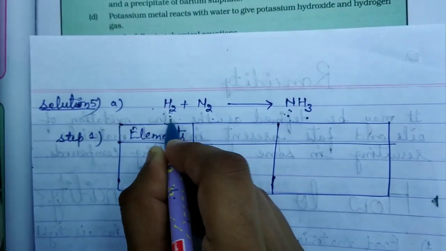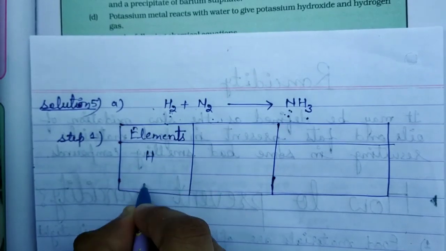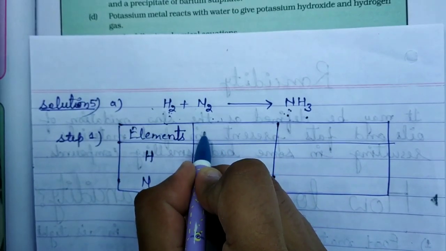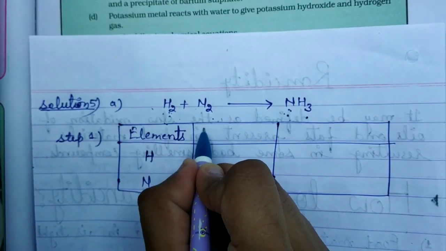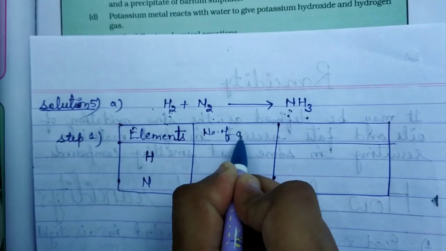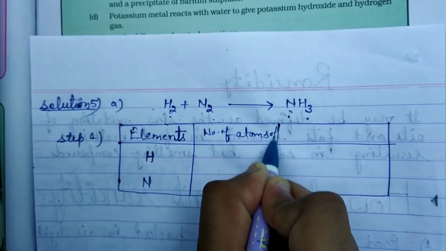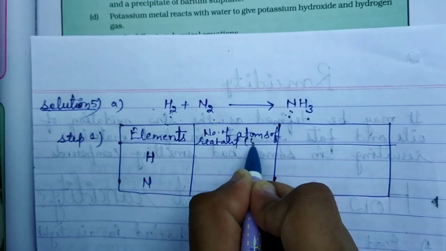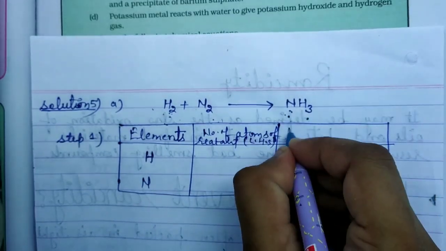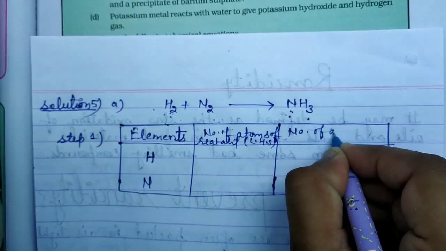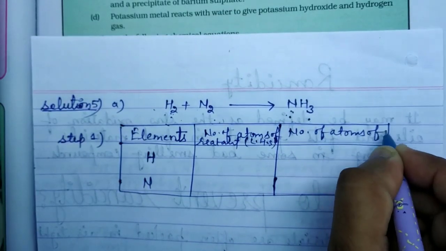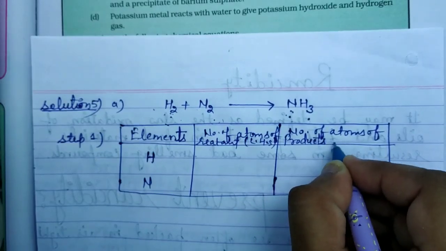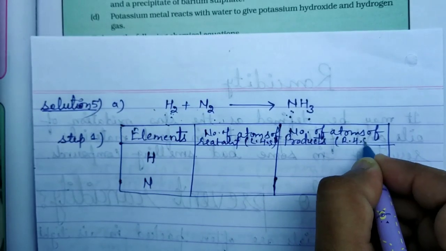Elements here: hydrogen and nitrogen, okay, and in this one we will write the number of atoms of reactant, or LHS, and here the number of atoms of प्रोडक्ट साइड और या फिर हम RHS.